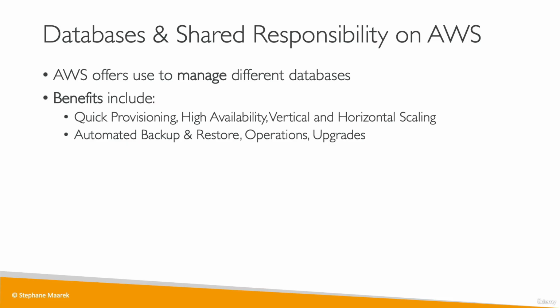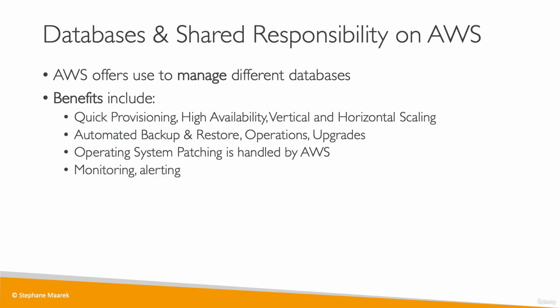They will also include some utilities to do automated backup and restore of your databases, as well as operations and upgrades. And if you need to patch the operating system of the underlying instance, actually it's not your responsibility anymore, it's AWS's responsibility. So AWS will be responsible for the entire database in terms of patching. The monitoring and the alerting as well are going to be integrated. And so this is why using a managed database on AWS is very, very important and very beneficial.